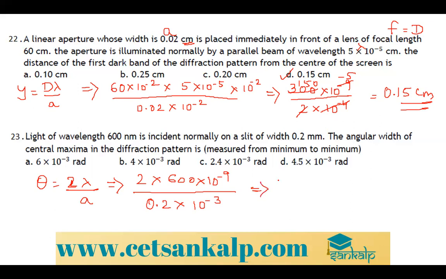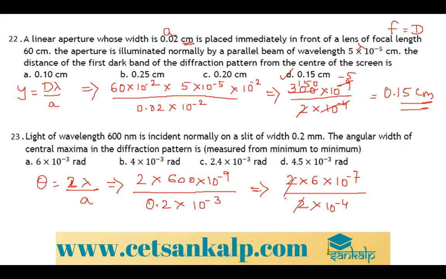So then it is 2 into 6 into 10 to the power minus 7, right? Divided by 2 into 10 to the power minus 4.